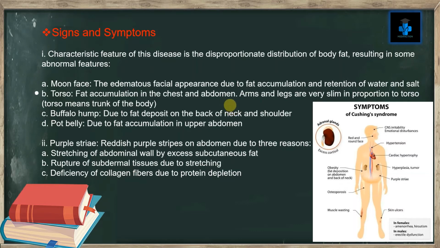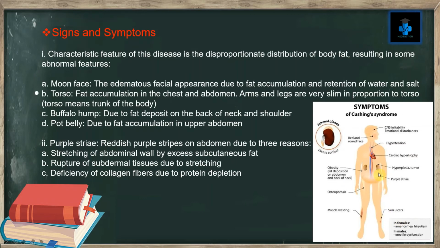Number 2. Purple striae. Reddish purple stripes on abdomen due to three reasons. A. Stretching of abdominal wall by excess subcutaneous fat. B. Rupture of subdermal tissues due to stretching. C. Deficiency of collagen fibers due to protein depletion.